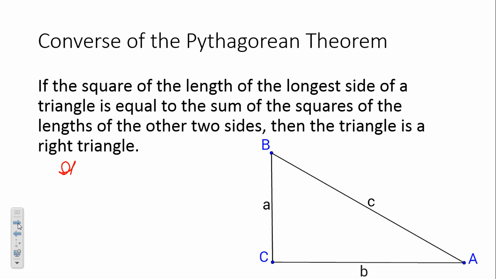Absolutely. If c squared equals a squared plus b squared, then right triangle. As long as you remember to find your longest side and make that your c. Okay? Yes, sir.